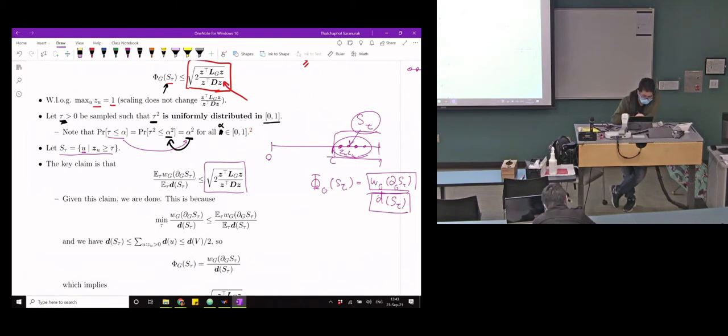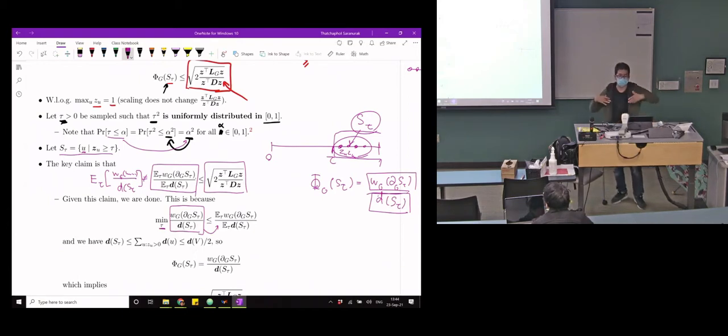Although the expectation of a fraction is not the fraction of expectations, this is not the same thing, we still know that there exists a tau such that the ratio here is smaller than the fraction of the expectations.